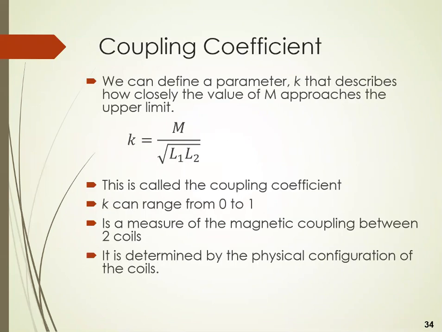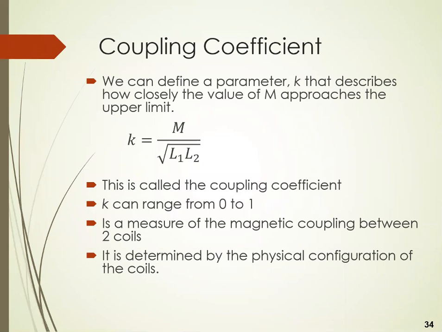Based on that, we can define a parameter called k that describes how closely the value of M, the mutual inductance, approaches that upper limit. This value is called the coupling coefficient, and it can have a value from 0 to 1. It describes how closely the two coils are magnetically coupled.